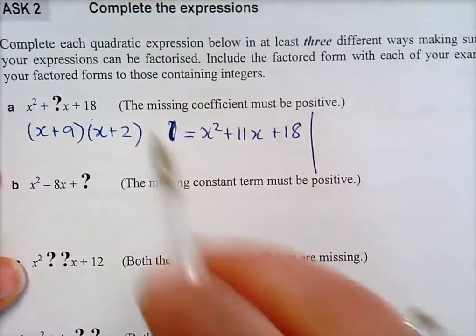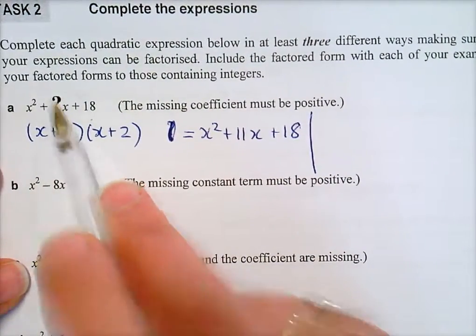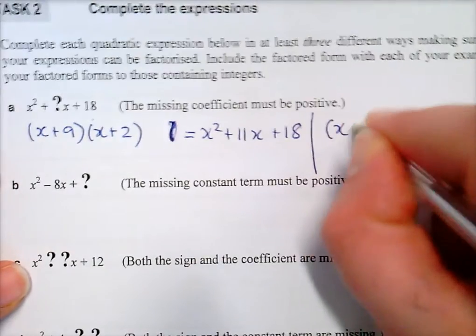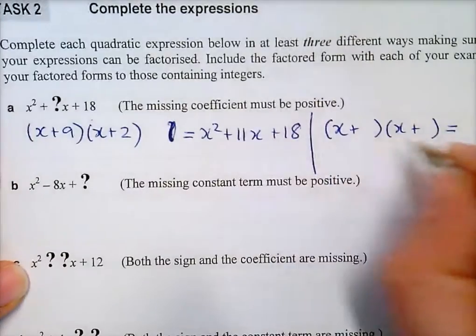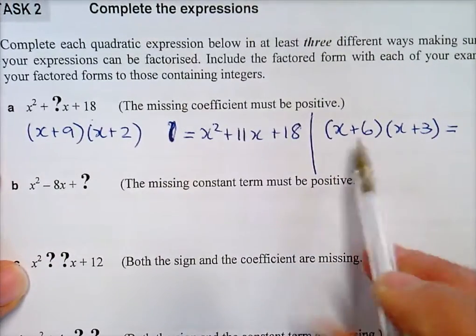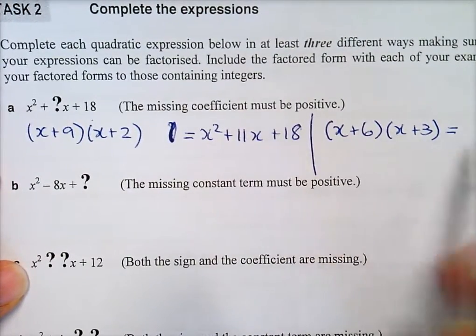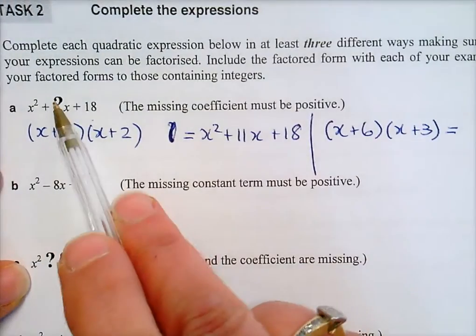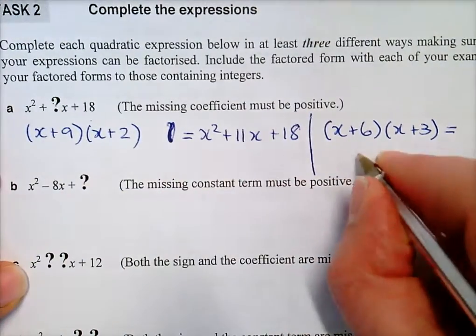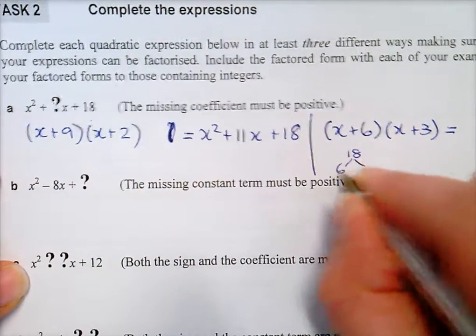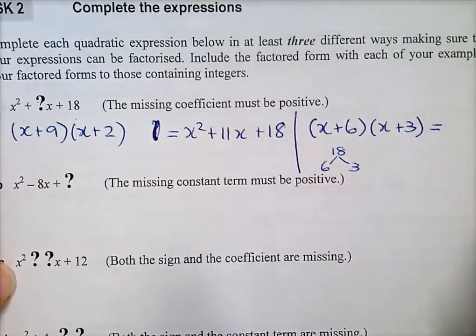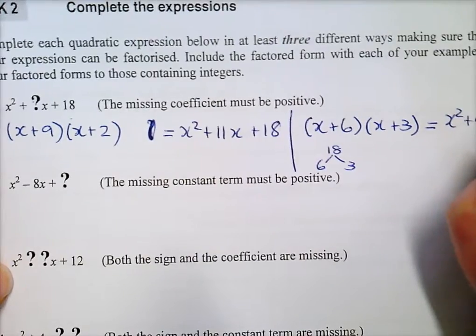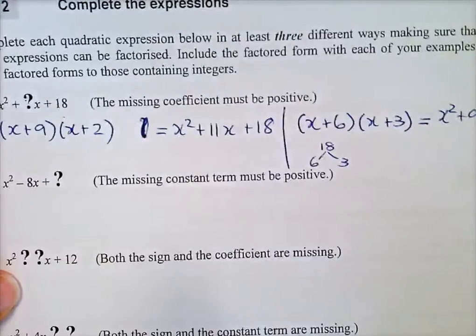I'm going to get 3 different answers for the question mark. Give me another example. 6 and 3. x plus 3, x plus 6. That will give me 18, but what will that give me for the question mark? See, here I'm going 6 times 3 is 18. 6 plus 3 is? So that one would be x squared plus 9x plus 18.